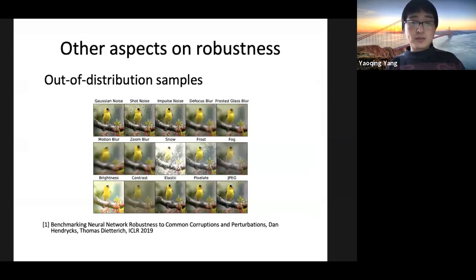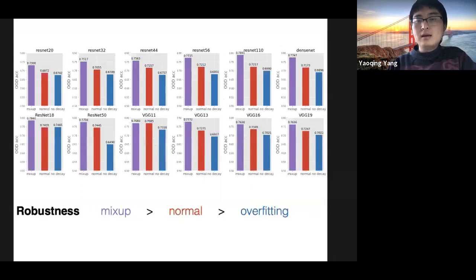Then to show you that Mixup indeed improves the robustness, we look at the out-of-distribution accuracy. Just to remind you, out-of-distribution robustness means the robustness when you have these common corruptions and perturbations on your data. If a model is more robust, it should be able to tolerate these out-of-distribution transforms. Okay, so these are the results.